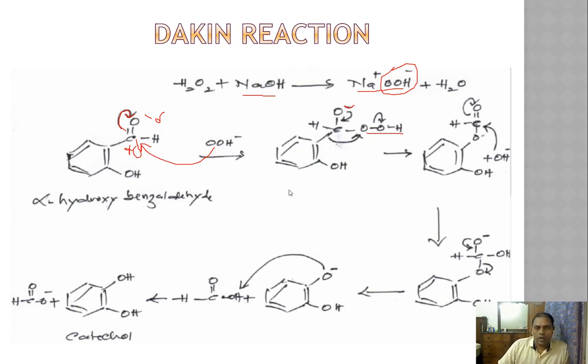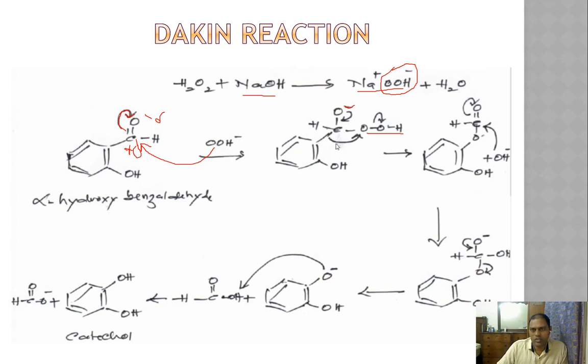Here, just observe the changes. In this structure, this benzene ring is attached to the carbon, and in this structure it is attached to the oxygen, right? So this bond is going to shift to oxygen instead of this carbon.